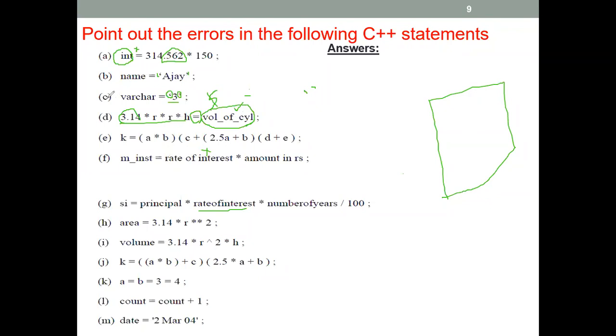Okay, if there are four items given, check whether the characters are only one or whether the string is two. Check whether after they write the integer or float there is anything or not, because if there is nothing, this is also wrong.